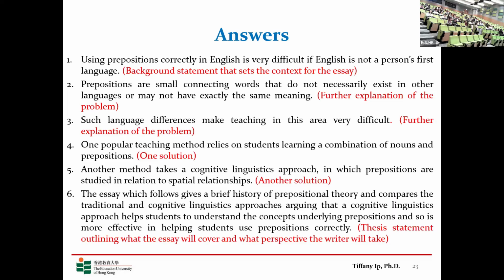This essay, which follows, gives a brief history of the prepositional theory and then compares the 2 approaches. And then the author's stance is also here, arguing that a cognitive linguistic approach would be more effective. So here the thesis statement suggests what the essay would talk about and also the stance of the writer.